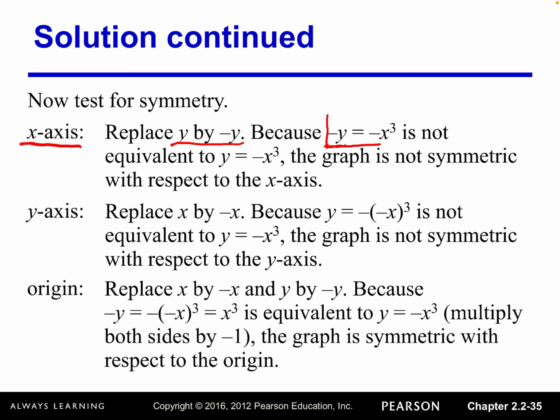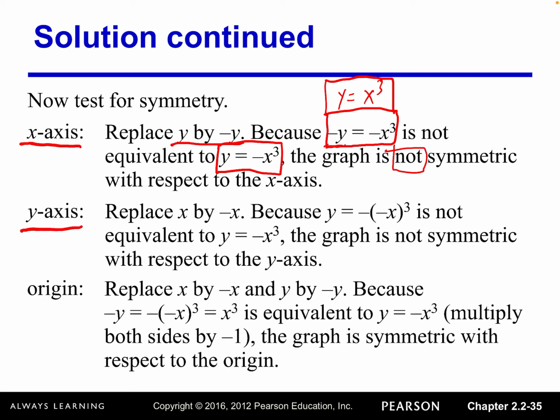We cannot simplify further, or if you want to, multiply both sides by negative 1, so you get y equals x cubed. After simplifying, we compare this new equation with the original, which is not equivalent. You see the right-hand side is missing the sign. That's why we say the graph of this equation is not symmetric with respect to the x-axis.